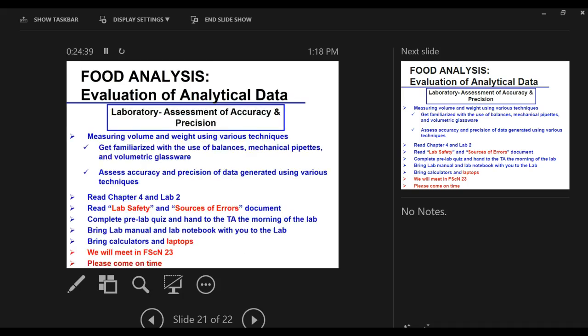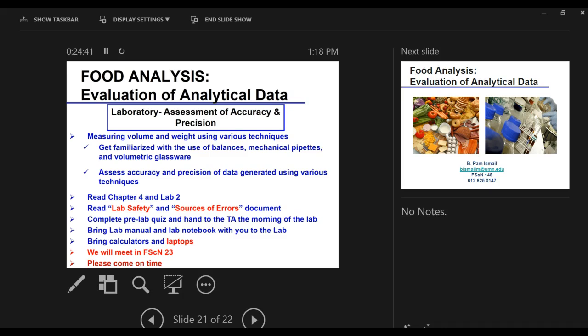Okay, so what we're doing next week in lab: we're doing a bunch of measurements of water. You'll be taking out volumes of water using different tools, using volumetric pipettes, mechanical pipettes, and using an analytical balance to take the weight.